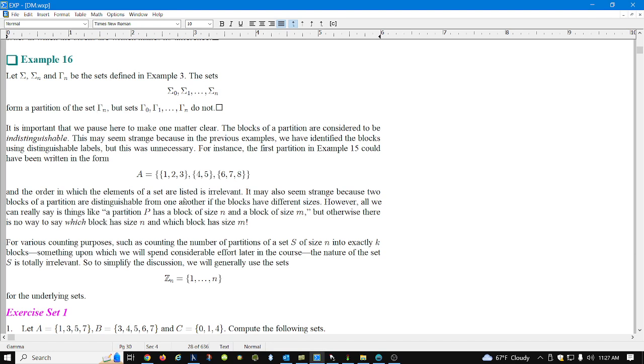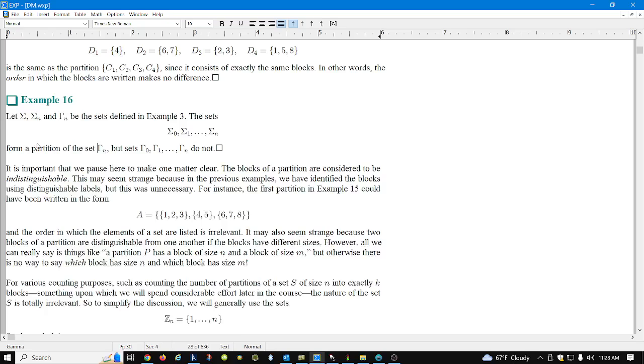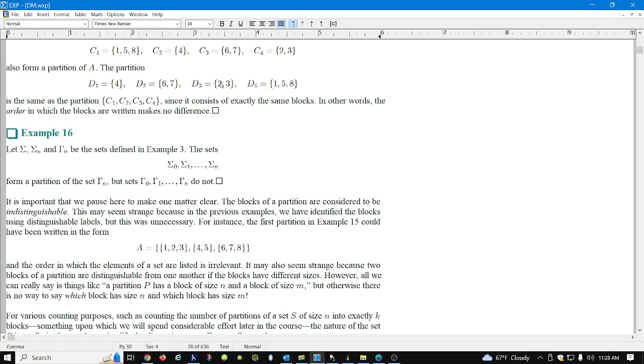Now I need to make something as clear as I possibly can. The blocks of a partition are considered to be indistinguishable. Now that seems a bit strange perhaps, because in the previous examples I've identified the blocks using distinguishable labels. D1, D2, D3, and D4.